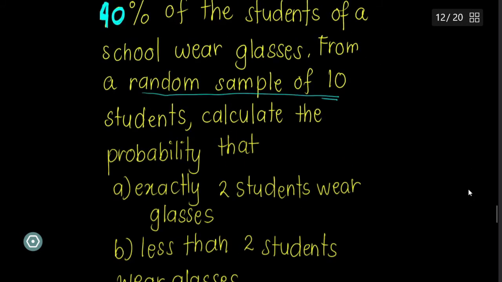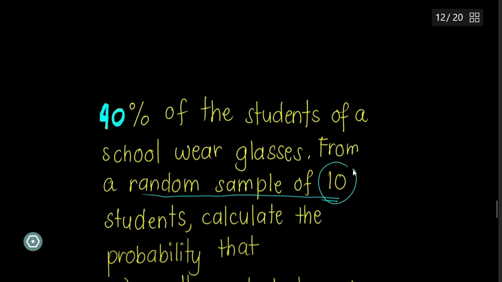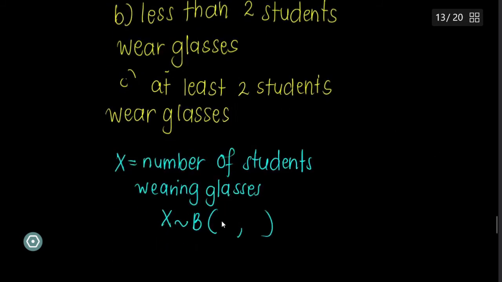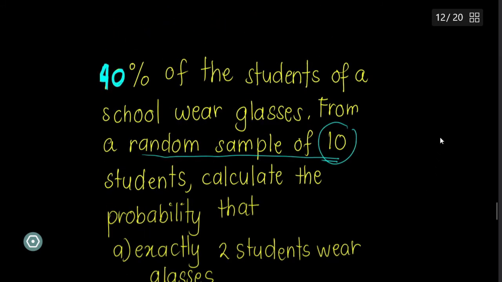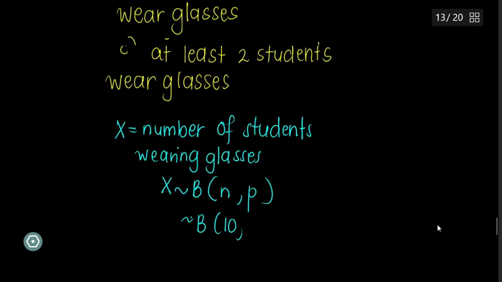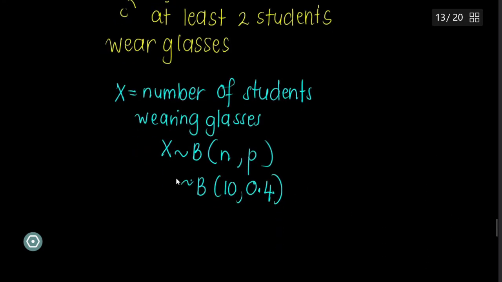My n is the sample, 10 students. So my n is 10. What is my p? The probability of a student wearing glasses is 40%. See, they give it to you as a percentage. That means here it is 0.4. This is the first information you write down.